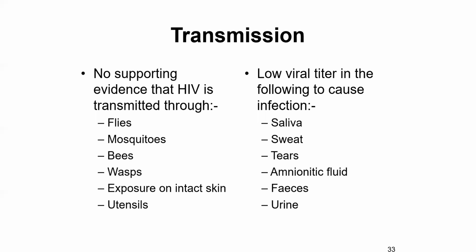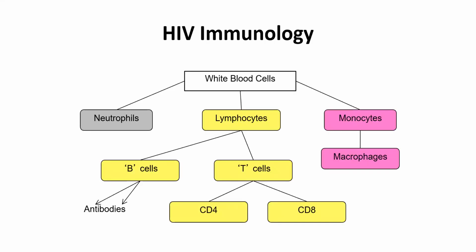The concentration is low, so yes, the risk of HIV transmission might be there, but it will be very low if you are exposed to some of those body fluids. Then I think for you to understand the HIV issues, we need to discuss a bit of immunology.